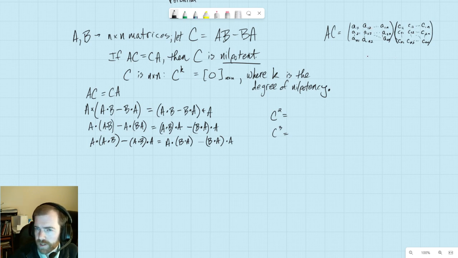So if we multiply these together, row 1 is going to be multiplied by column 1, point-wise.